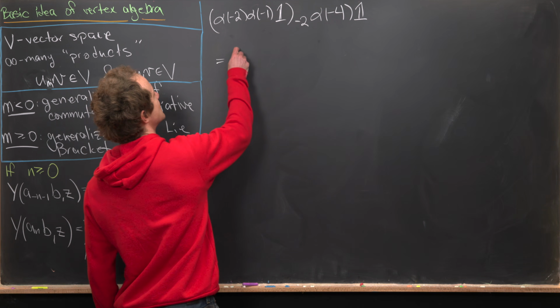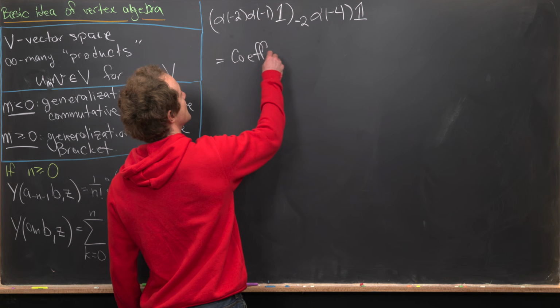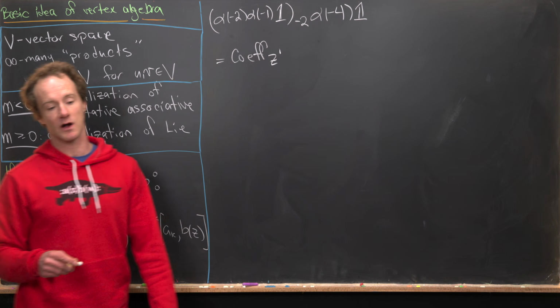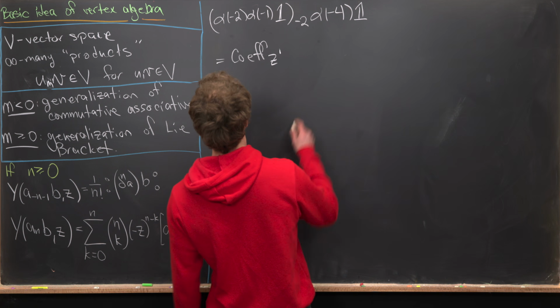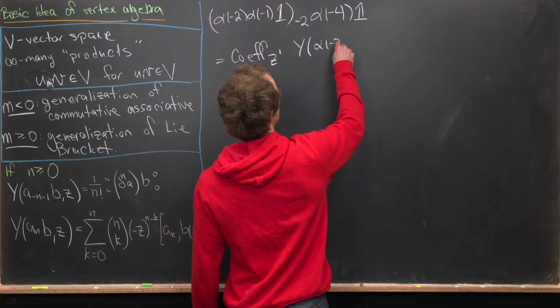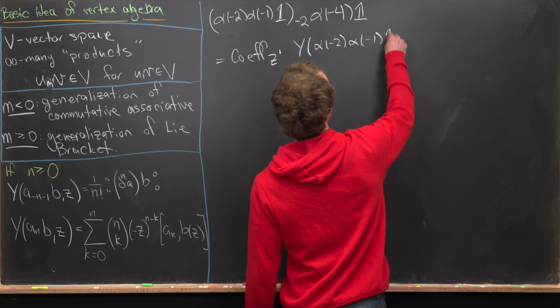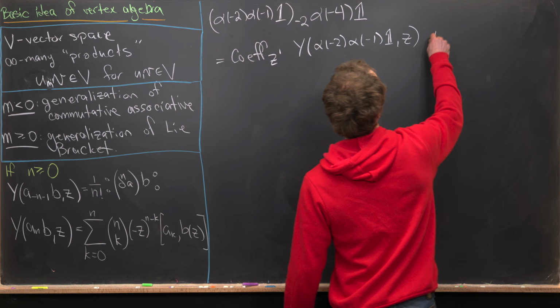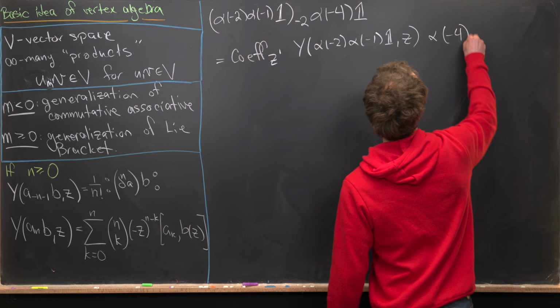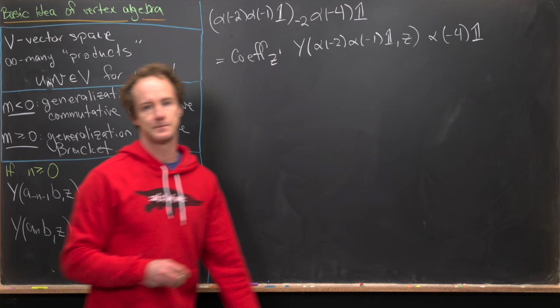Okay, so this is going to be the coefficient of the first power of z of Y of alpha minus 2, alpha minus 1 on the vacuum with z, and then that applied to alpha minus 4 on the vacuum.